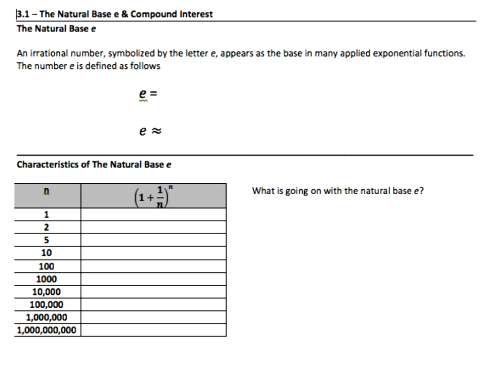Okay, so the first thing that I'd like to talk about in 3.1 is the natural base e. Now, e is a symbol that stands for an actual value, and this value is the idea of a limit. It is a number that is approached as the value in the formula that makes up e goes higher and higher.